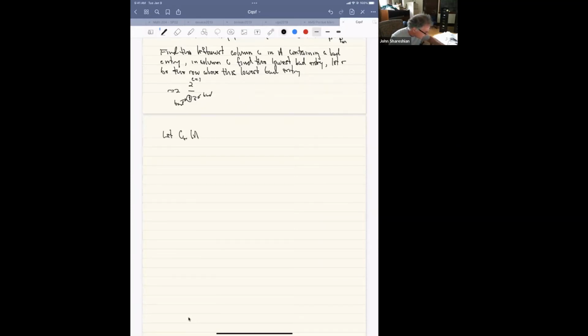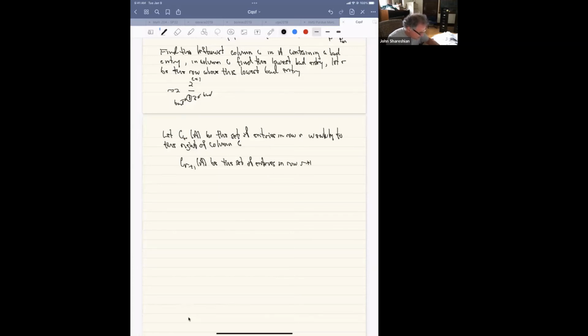Let C_R of A be the set of entries in row R weakly to the right of column C, and C_{R+1}, where we have a strict condition, be the set of entries in row R plus 1 strictly to the right of column C. Okay, so here's a picture.